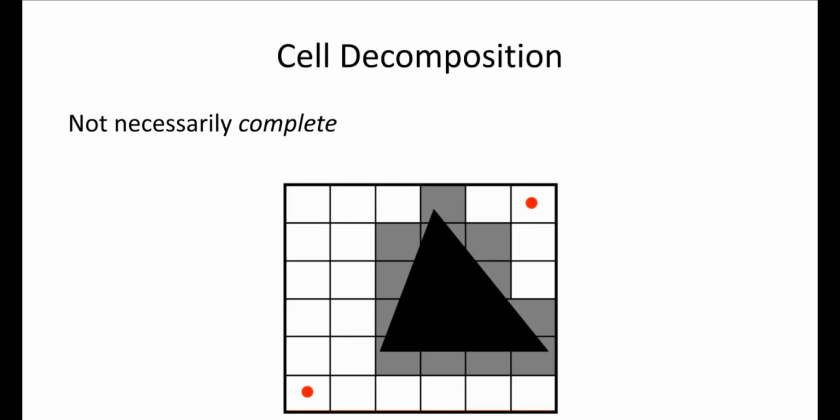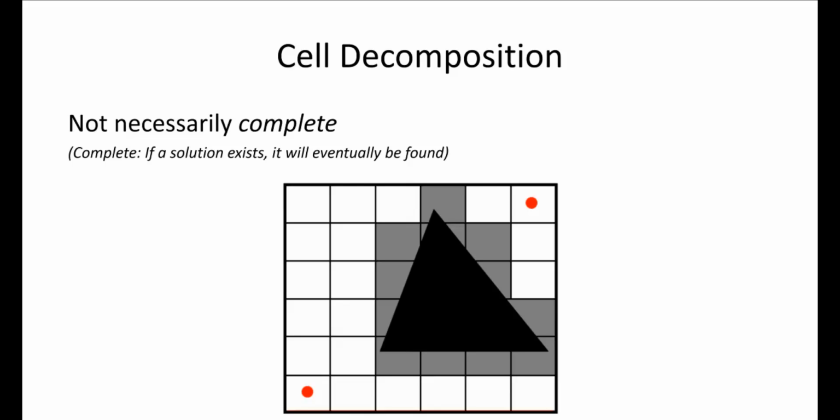I chose some cell size and it wasn't good enough. There's plenty of space for me to go around the corner here, or maybe even squeeze tightly through this one. But I picked my length scale and it didn't work. No planning algorithm will let me solve this. And so now things are no longer complete. It doesn't matter what search algorithm I pick because my environment hasn't allowed me to do that.